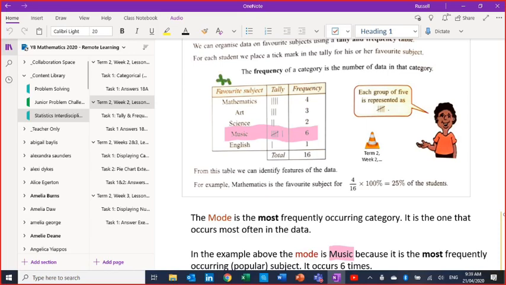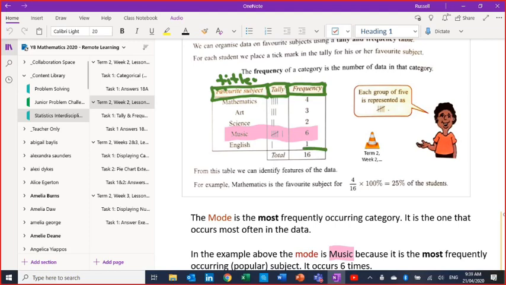Here we get a title. You must have a title. It's not an option. Here is the tally. I don't need to define tally. Just make a mark for each one as you answer the question. This is the frequency. Again, that's just the number that is represented by the tally marks. So you just count them up.